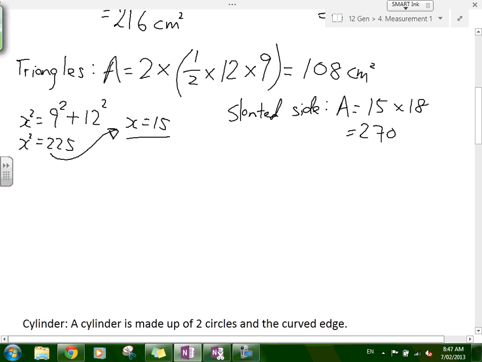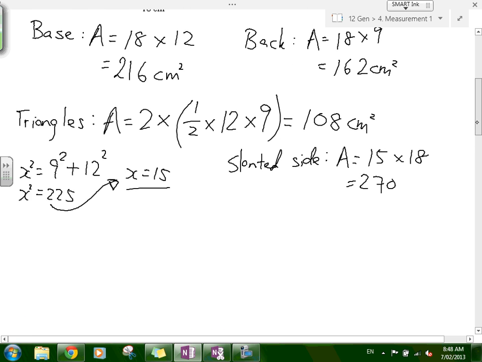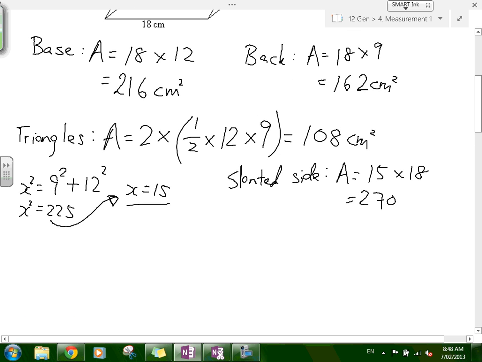Alright, so now we've got all four sides: 216, 162, 270, and 108.